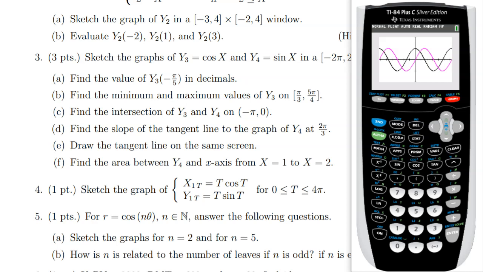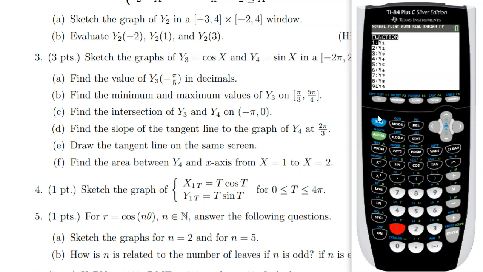Then part A, we want to find the value of f3 of negative pi over 5. That's pretty easy, right? We've done it before. So we're going to go back to a regular screen, and then choose vars, y vars, and functions.